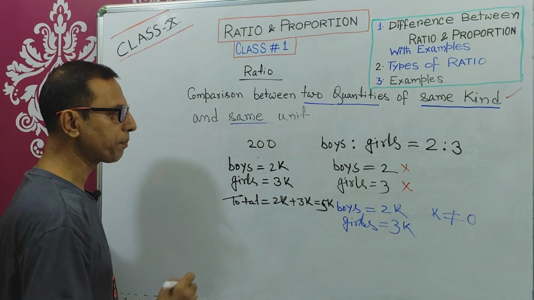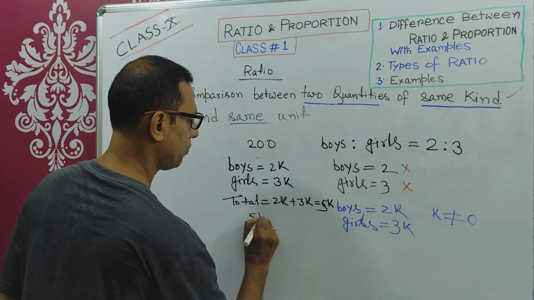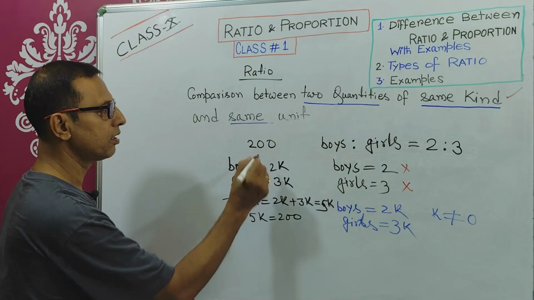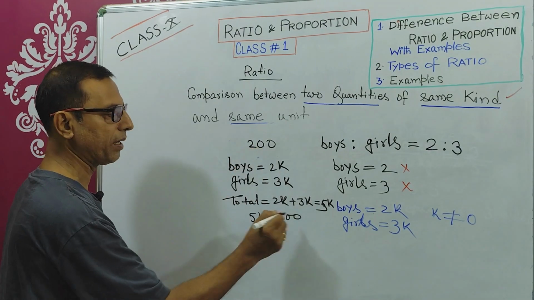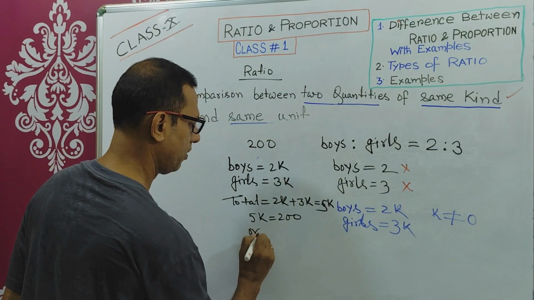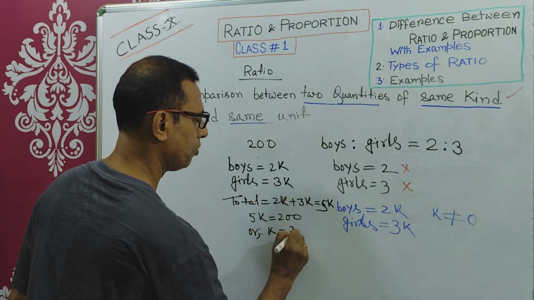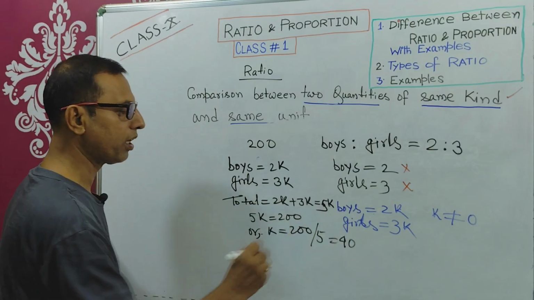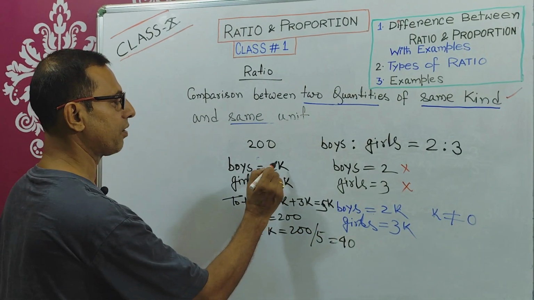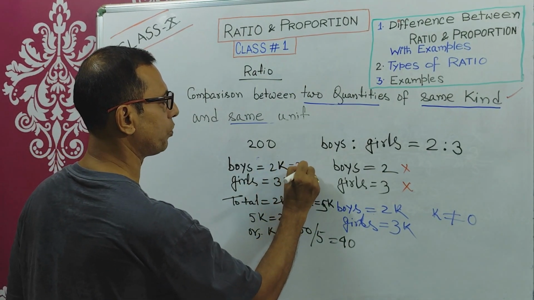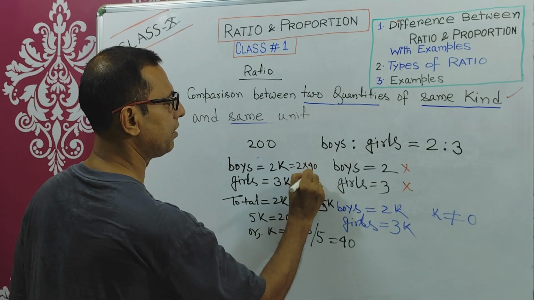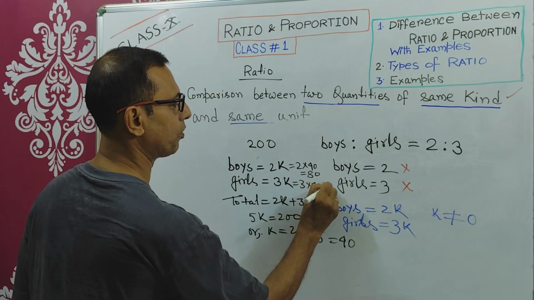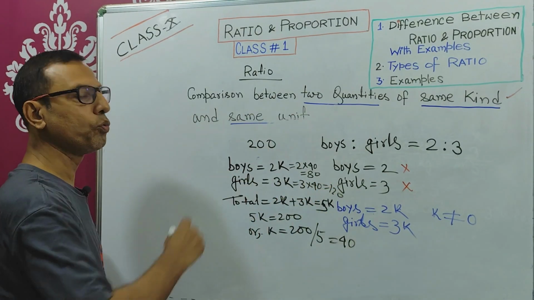Now you determine the value of k. 5k equals 200, as 5k is the total number of students. So k equals 200 by 5 equals 40. Now replace the value of k: boys equals 2 into 40 equals 80 and girls equals 3 into 40 equals 120. So these are the two ways you can do that.